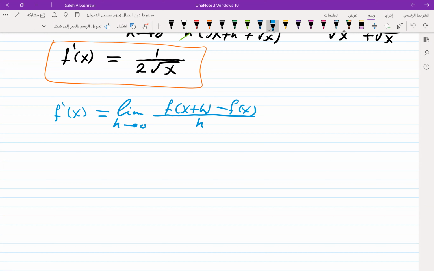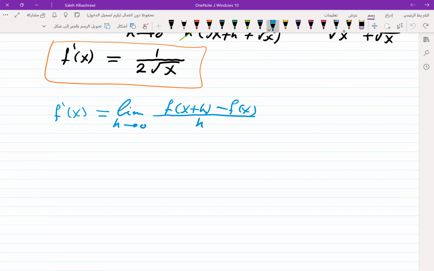And we say this is the derivative of a given function. Or sometimes it's called the rate of change or slope of the tangent line. And we gave different examples of how to find the derivative using this definition.